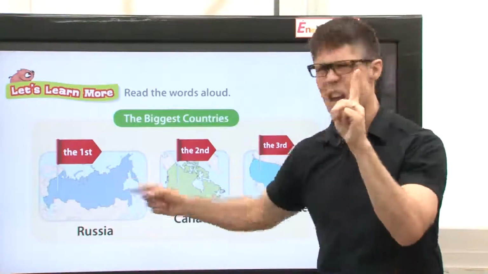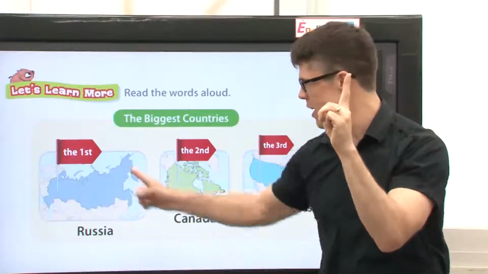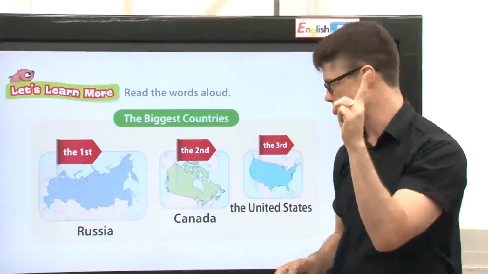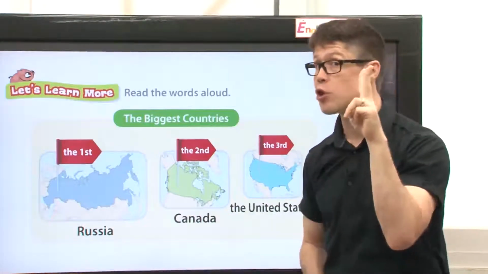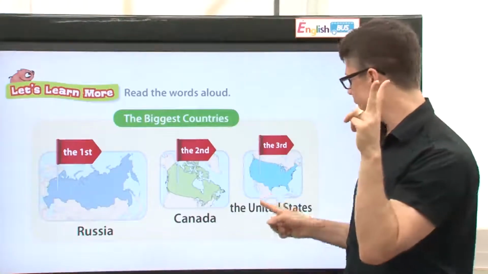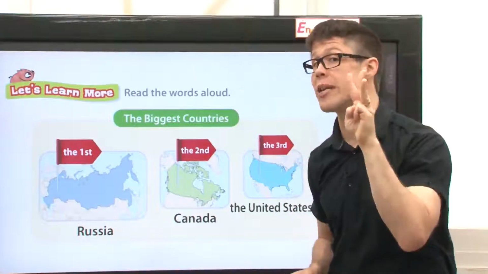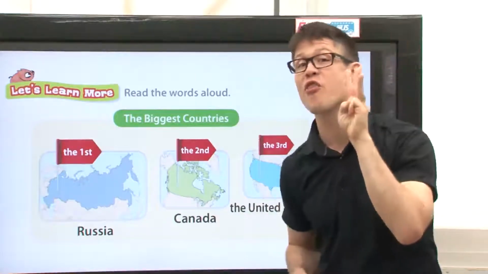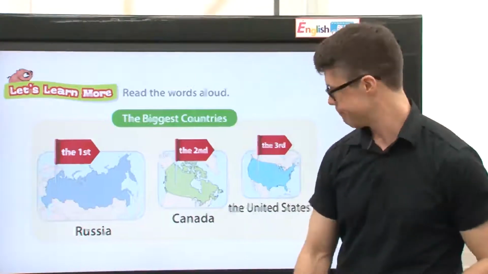See? Russia, number 1 big. So Russia is the first biggest. Canada, number 2 big. So we say Canada is the second biggest. And United States, number 3 big. United States is the third biggest.